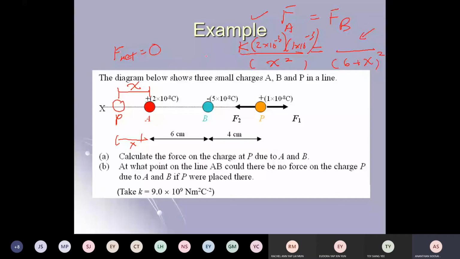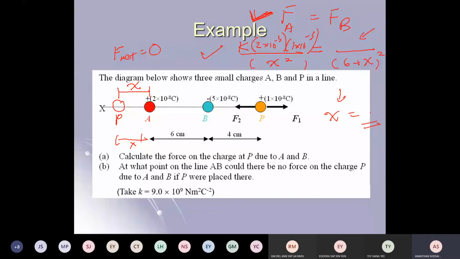So those who figure out this equation must be FA equals to FB, and the formation with the unknown, then you can get the answer. Those who never figure out FA must equal FB, I think the majority should figure out FA equals FB, but some of you might not figure out this is X and this is 6 plus X. Those who figure out this X and 6 plus X, you are on the correct track.